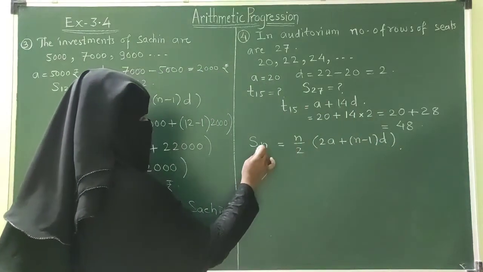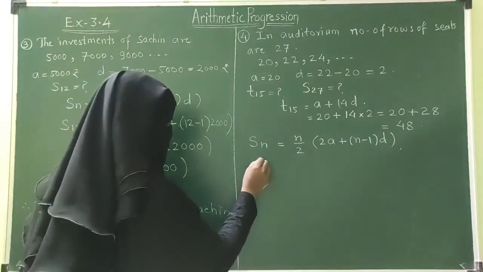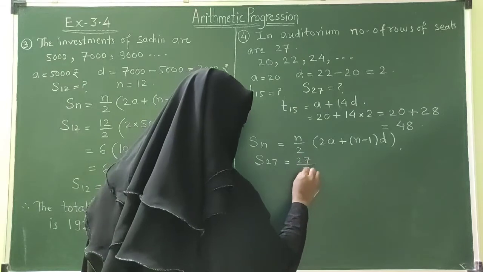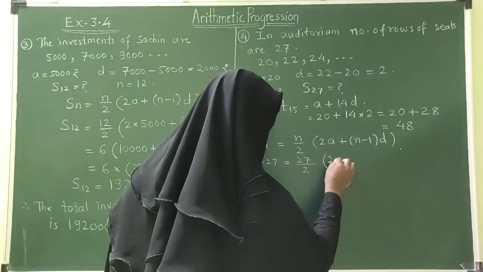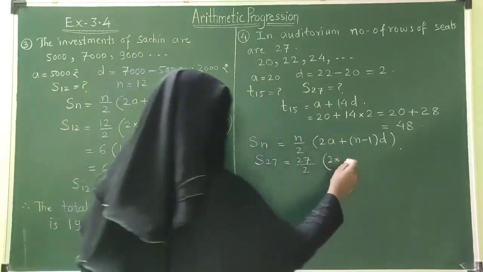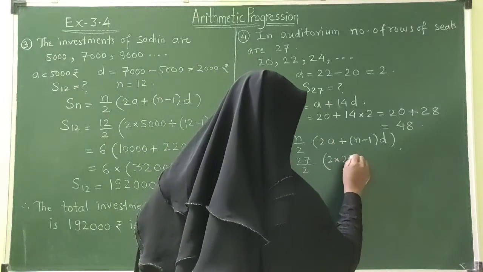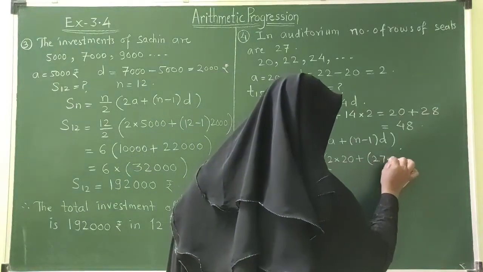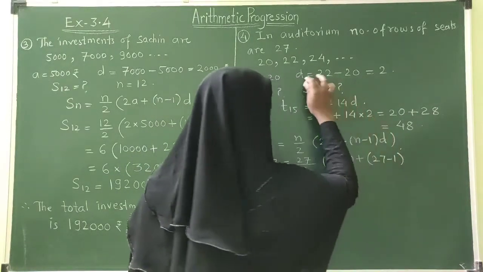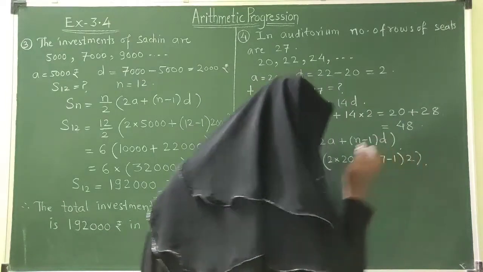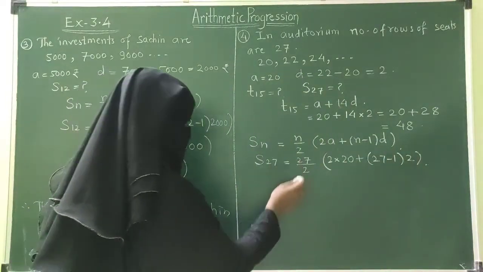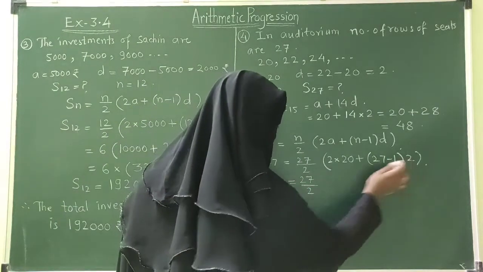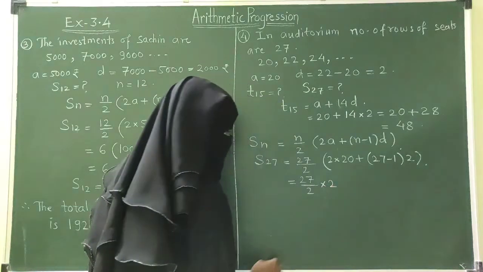Substituting the values of n, a and d, we get here S27 is equal to 27 upon 2 into bracket 2 into value of a is here 20 plus value of n is 27 minus 1 into value of d is 2. 27 is not divisible, so we keep it as 27/2. Take out 2 as common.